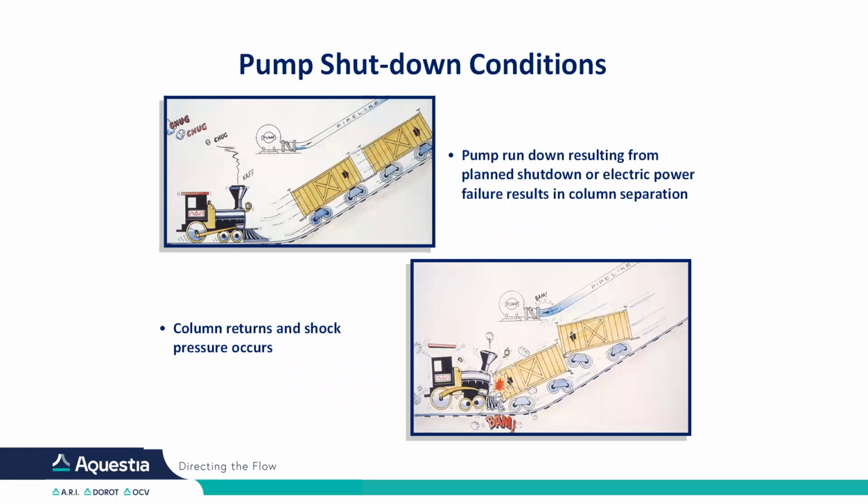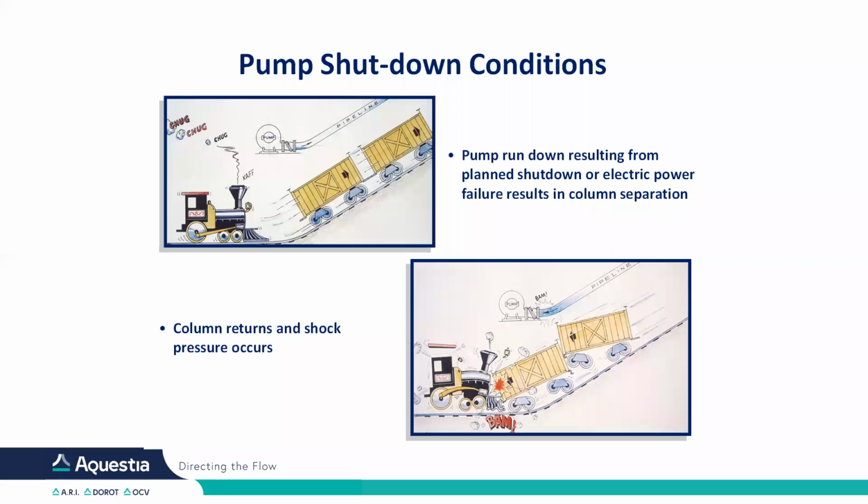When we have the pump shutdown condition, like I said, that's the worst case scenario. What happens? The locomotive suddenly stops moving. The railway wagons, they move forward due to inertia, and then they come back and bam, slam into the locomotive. That's exactly what happens with the pump.